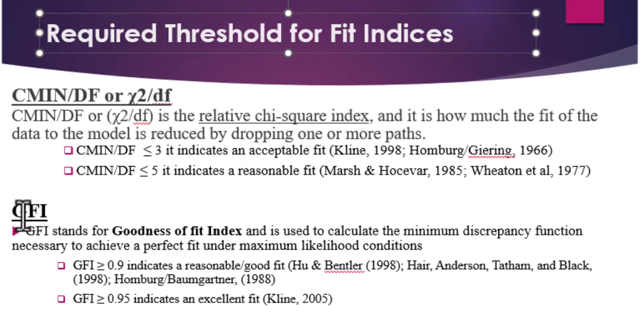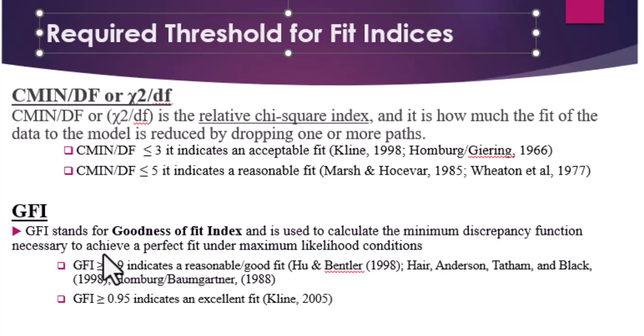Then if you look at the GFI, it stands for goodness of fit index, and it is used to calculate the minimum discrepancy function necessary to achieve a perfect fit under a maximum likelihood condition.